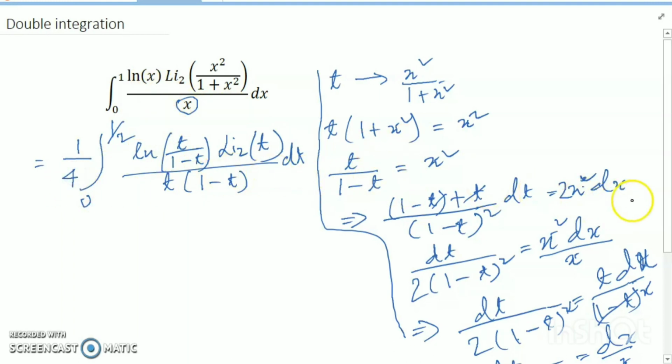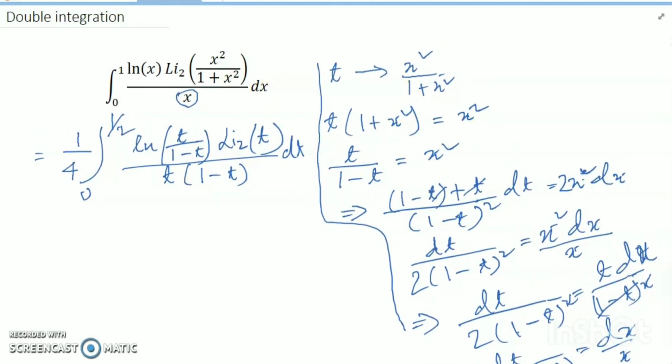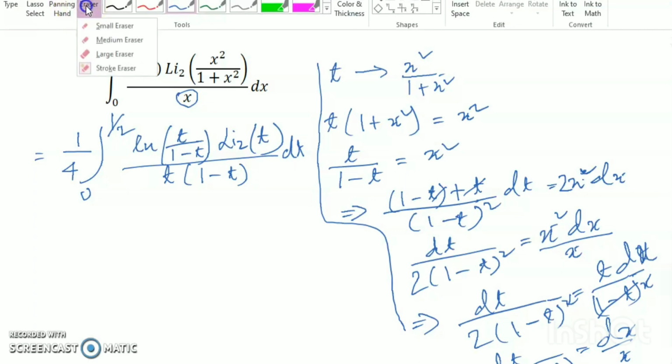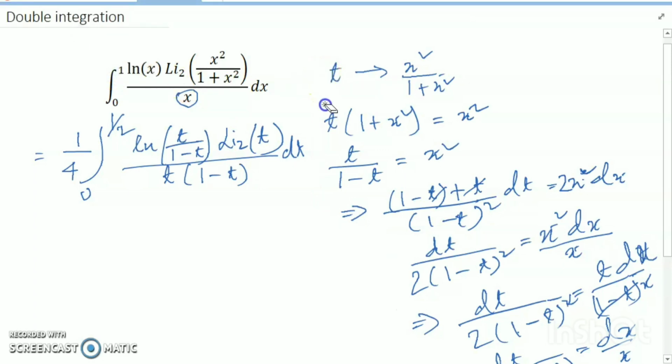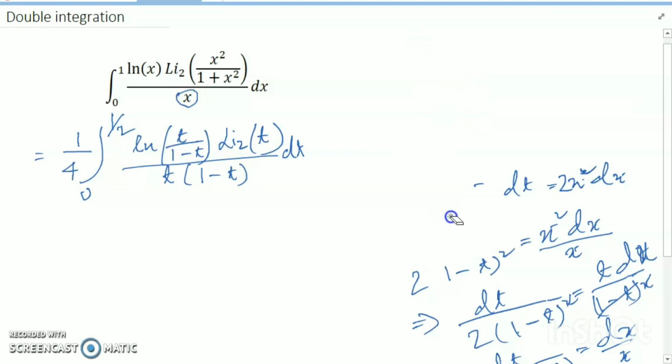I hope the substitution is clear for everyone. Now I erase this portion. Please write everything down and pause, because I remove these portions. This portion is not looking very good.